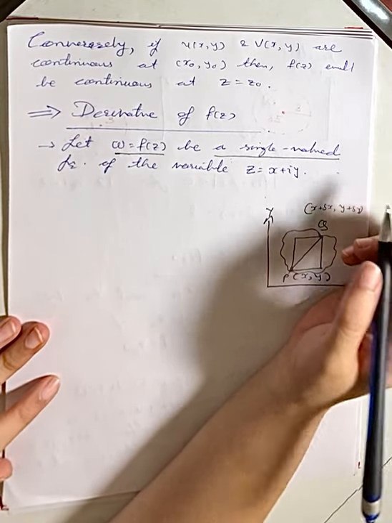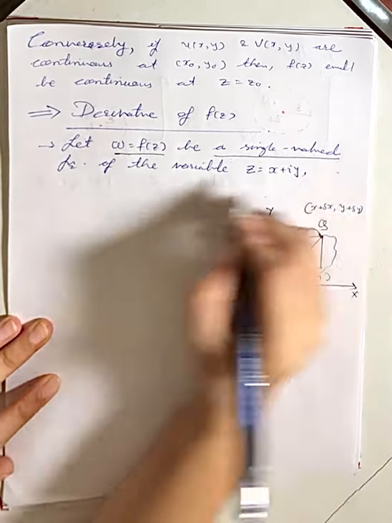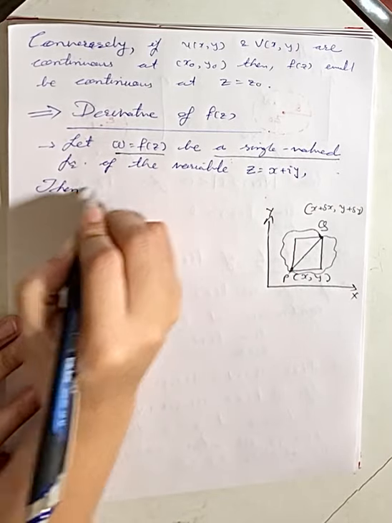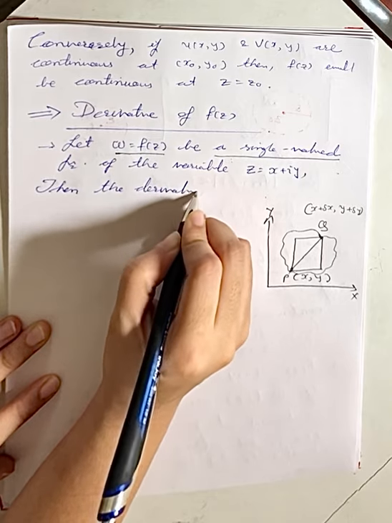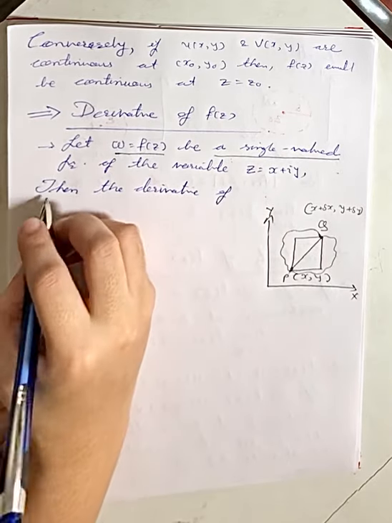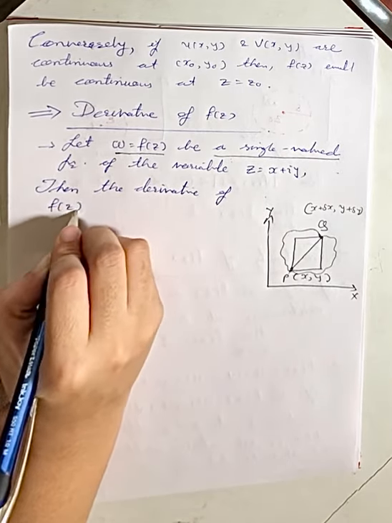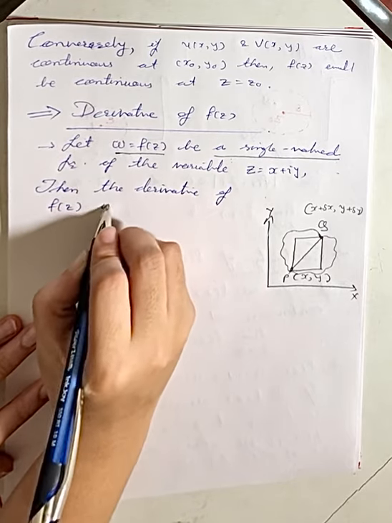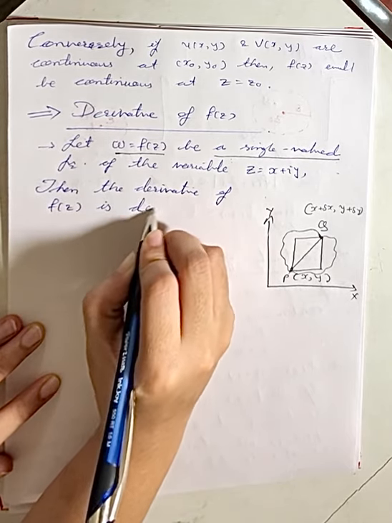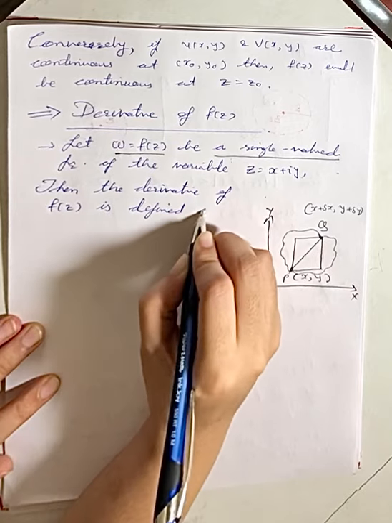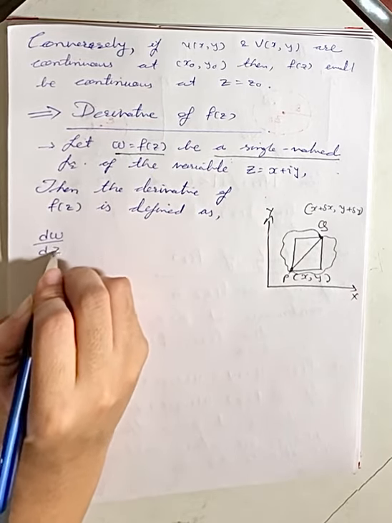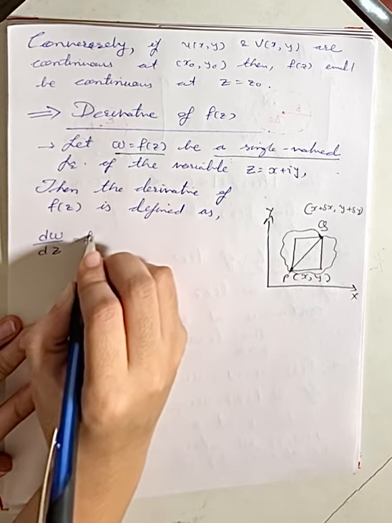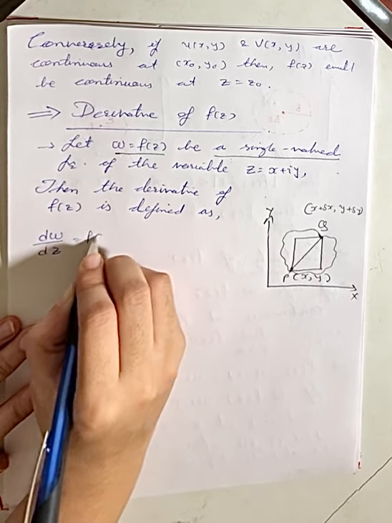Then the derivative of f of z is defined as dw by dz is equal to f prime of z.